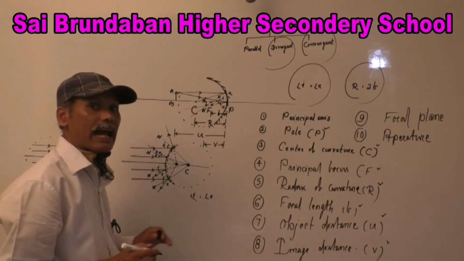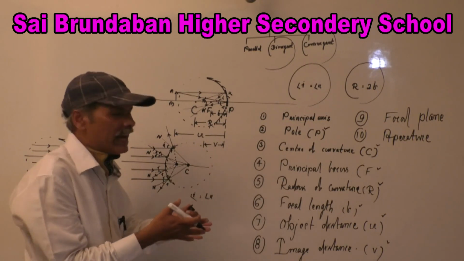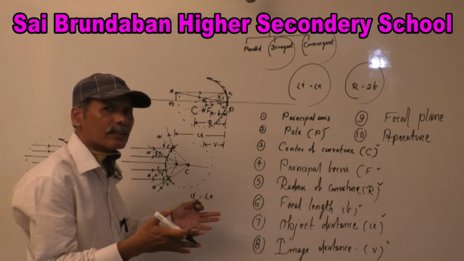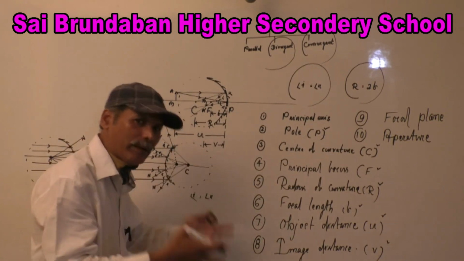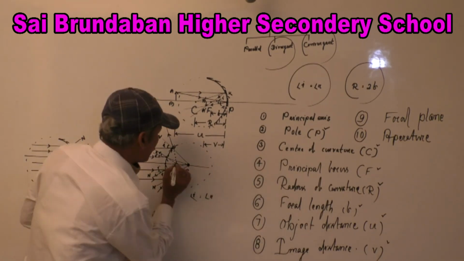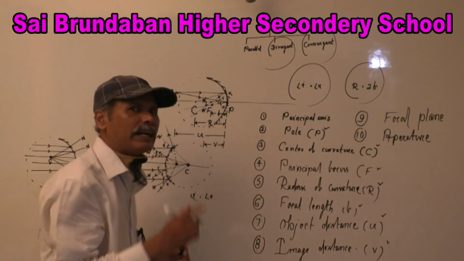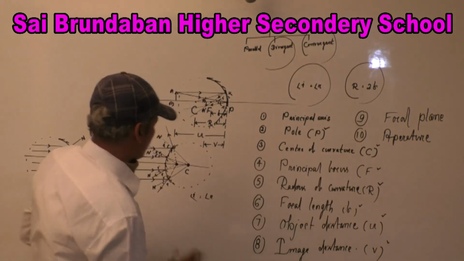Appear to meet means they are not actually meeting. If you extend them, they will definitely meet at a common point. And that point is known as the principal focus. So this is the principal focus.